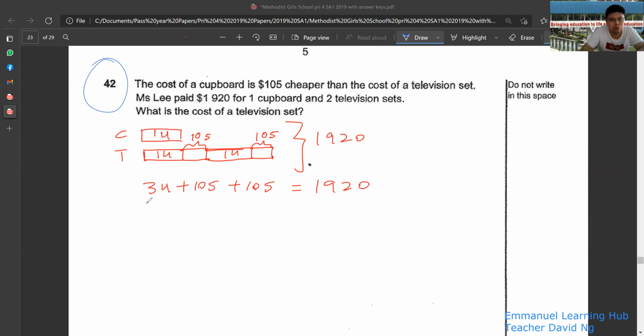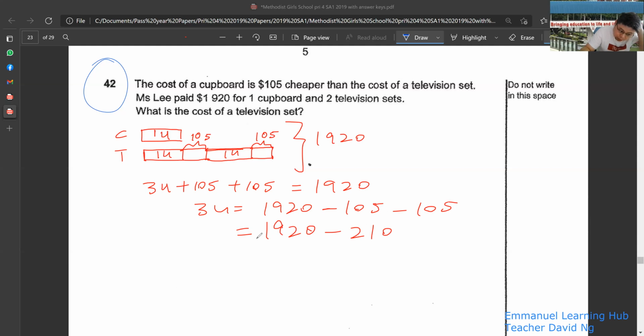You understand this equation? So 3 units is equal to 1,920 minus 105 minus 105. 2 times 105 will be 210. So 3 units is equal to 1,710. I trust you know how to do the addition and subtraction.